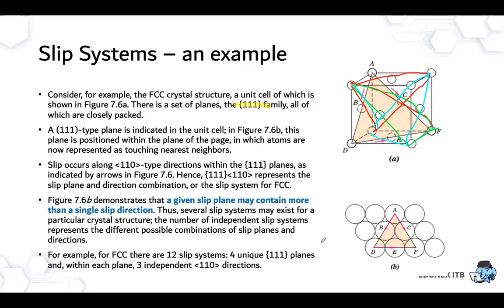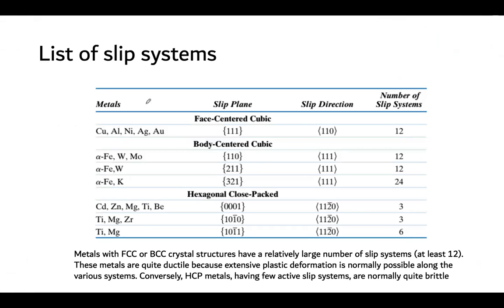Okay, it's less strong. So an example of FCC is aluminum. Aluminum has an FCC crystal structure, and it looks quite ductile because it has so many slip systems, so it's easy to plastically deform.